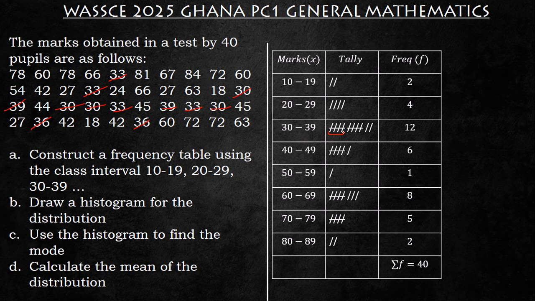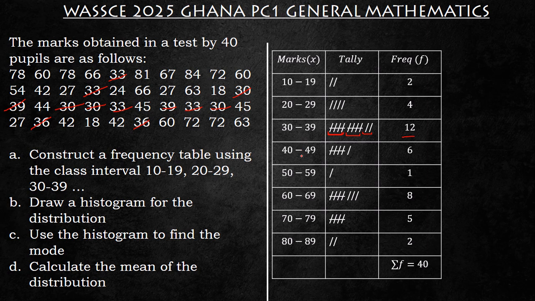Anytime you are doing the tally, you only do 4 bars, and the last one strikes through the 4, making the 5th count. So this is 5, this is also 5, making 10, then this is 2. This makes it much easier to count. So the frequency for that is 12.